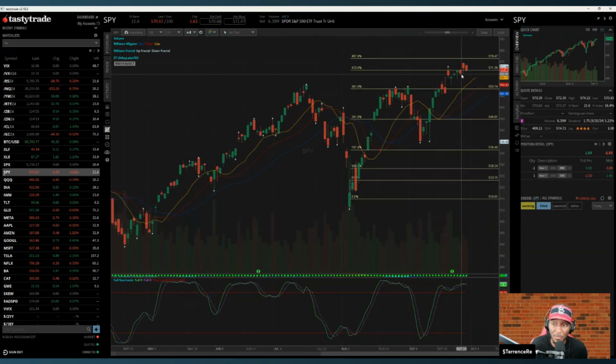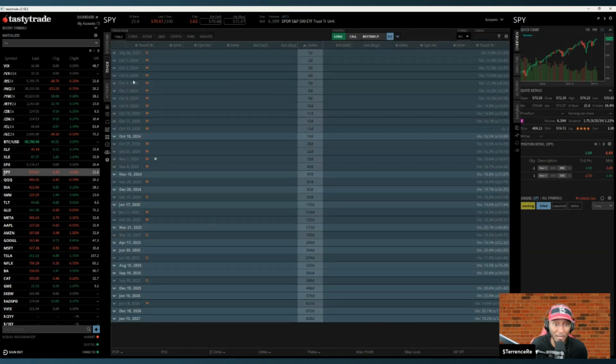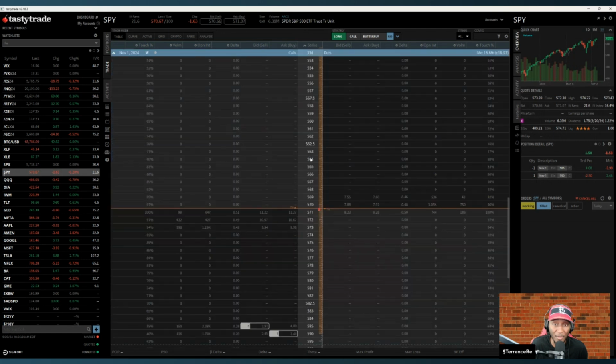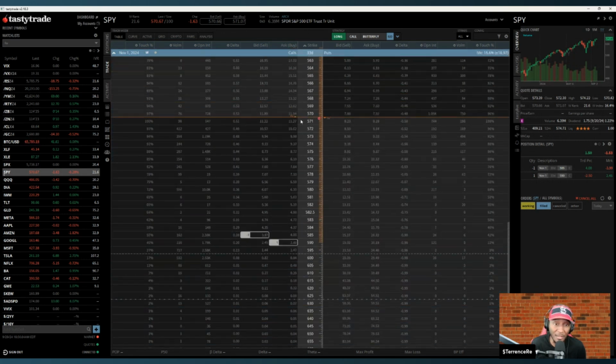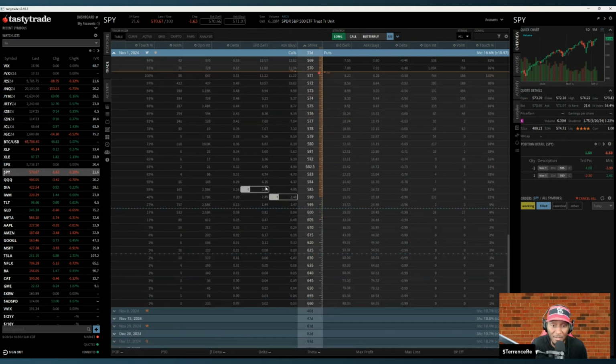So I sold an out of the money call spread. Went out about, I think at the time it may have been like 35 days. That's my sweet spot for my call spreads. I like to be around 35 to 55 days when I'm doing my call spreads. And you can see right here, I sold the 585, bought the 590.